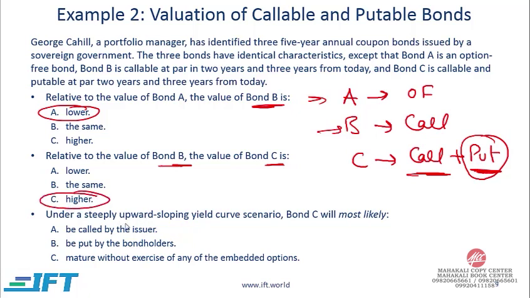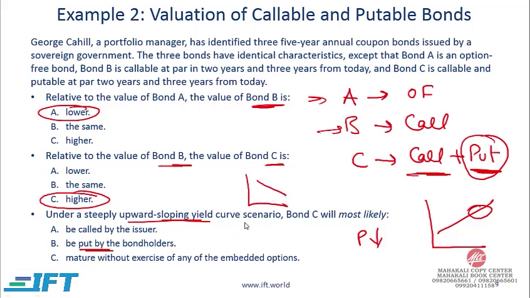And finally, if we have an upward sloping yield curve, that means that interest rates are expected to be higher in the future. Higher interest rates means that bond prices are likely to come down. If bond prices come down, it is more likely that the put option will be exercised. Now, let's say on your exam you get a question which says that we have a downward sloping yield curve.